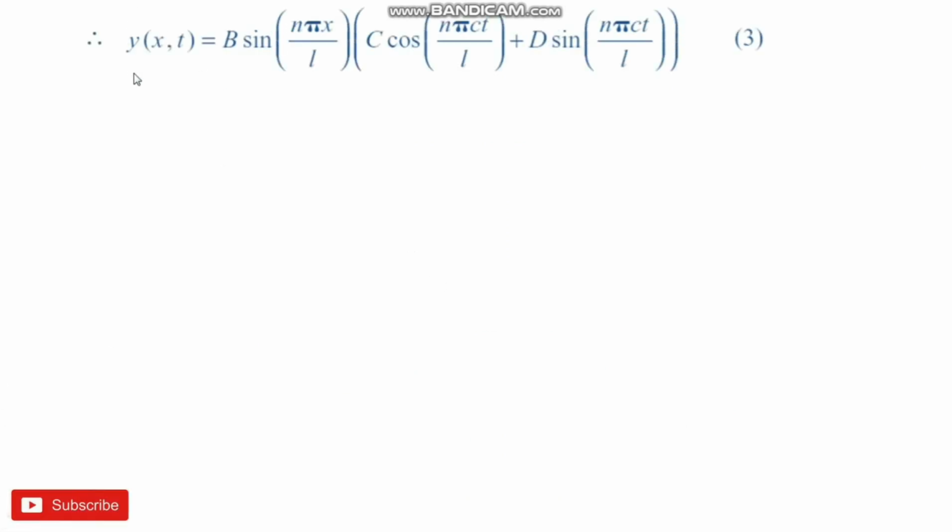Therefore the displacement of the string y(x,t) equals b sin n pi x by L (c cosine of n pi ct by L plus d sin of n pi ct by L). We have the initial velocity condition del y by del t, so we have to differentiate this y(x,t) with respect to t.